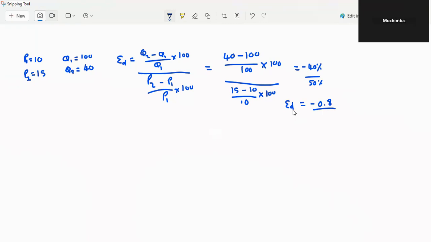So in this case, what is our comment? It is inelastic. Are we together? So this has to do with demand elasticity, so it is on price.